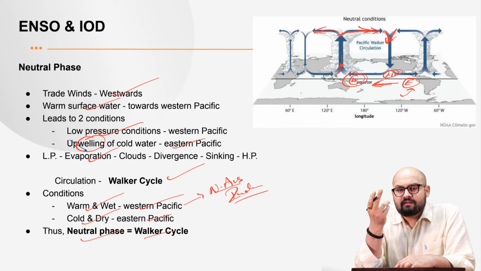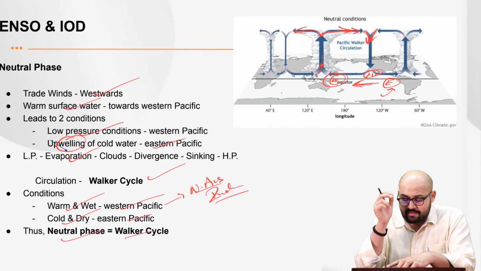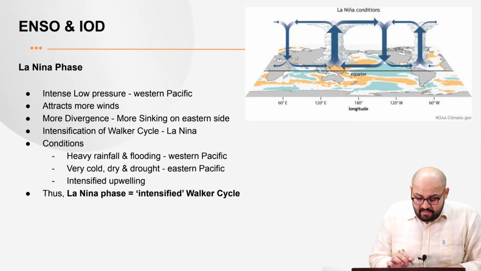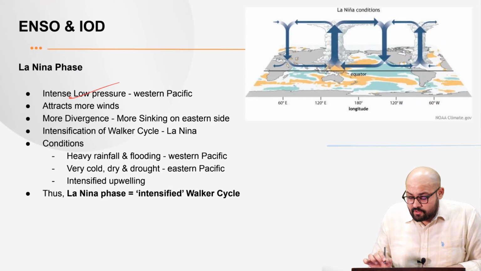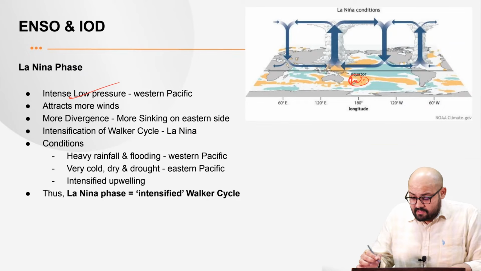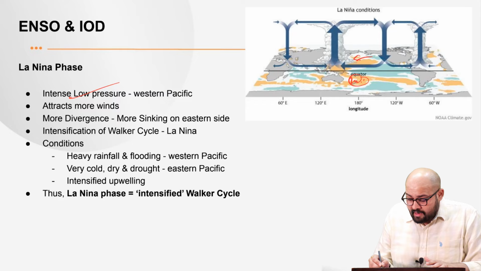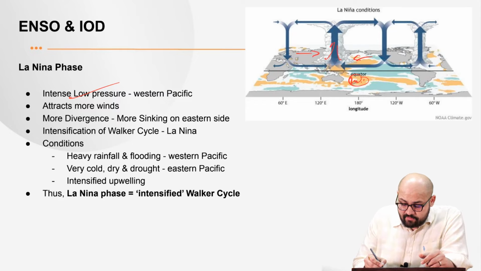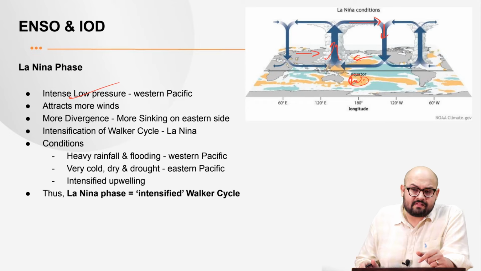Now, let's imagine that this neutral phase gets sort of intensified. So, what happens is that this low pressure, which is being created on the western side, actually intensifies. So, intensification of low pressure takes place, and this leads to more attraction of winds from all directions, and then greater evaporation, and then greater subsidence on the eastern side of the Pacific.